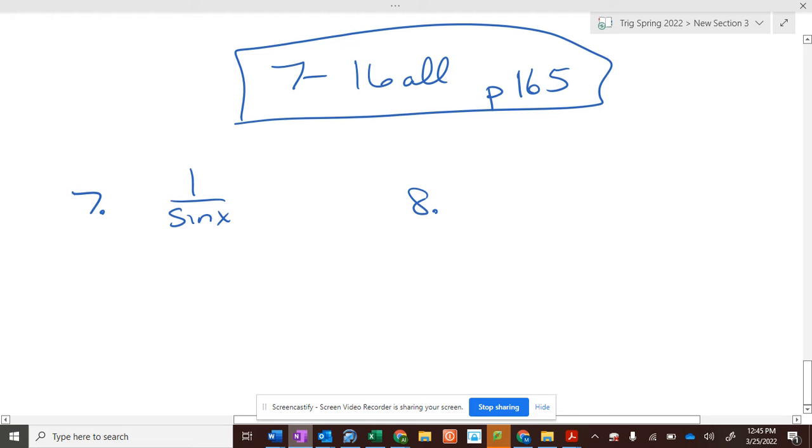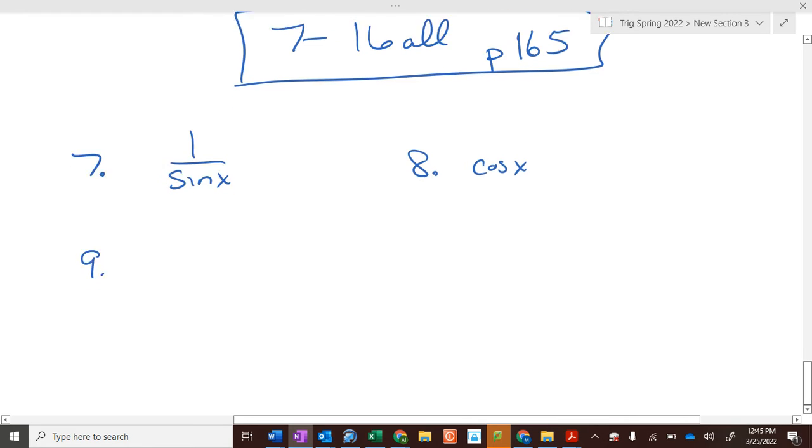Okay, number 8. What'd you have for that one, Shanty? The cosine of x on top? I'm trusting that. It is the cosine of x. Okay, number 9.